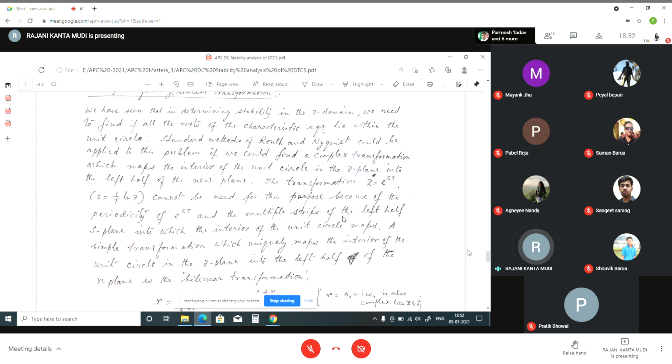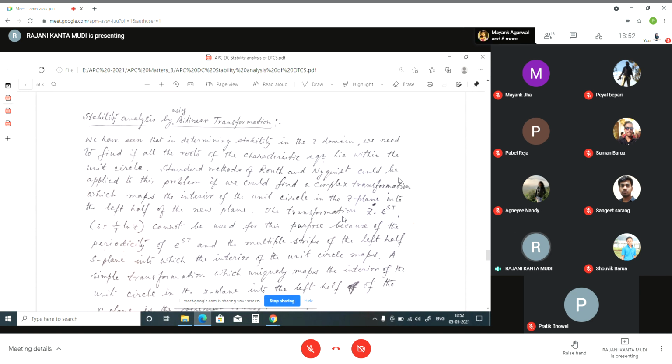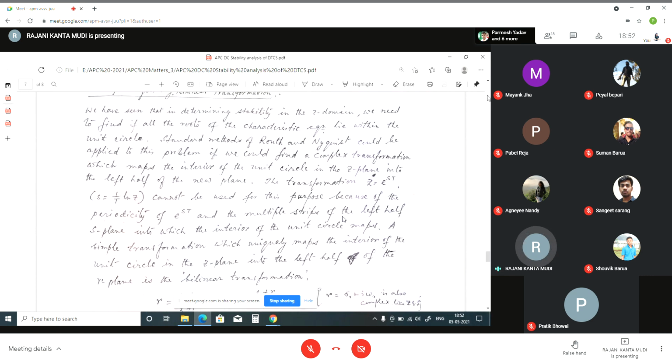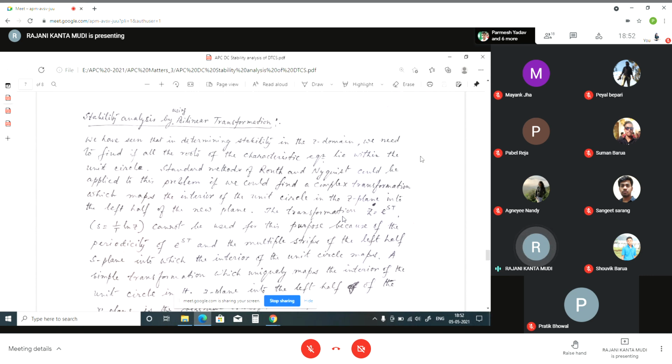Actually, Routh-Hurwitz criteria in general finds the roots of a polynomial expressed in a complex plane, say S, maybe R, maybe W, whether its roots lie on the left half or right half. This is the outcome of Routh-Hurwitz criteria actually. S may be another complex variable, R, maybe W, or like this.